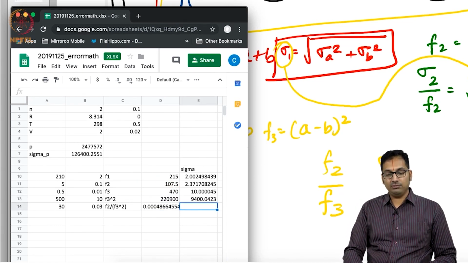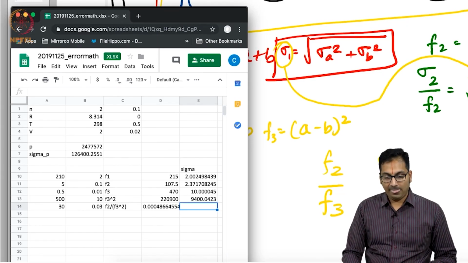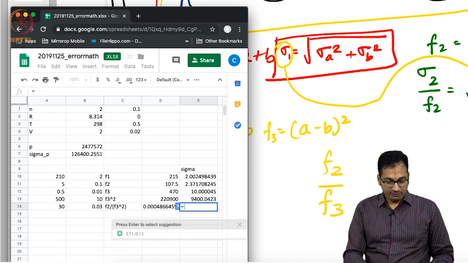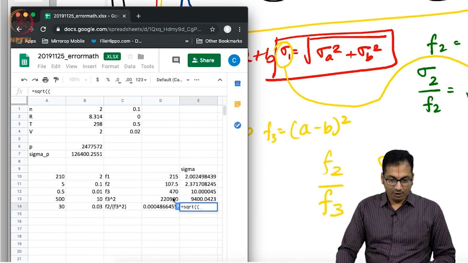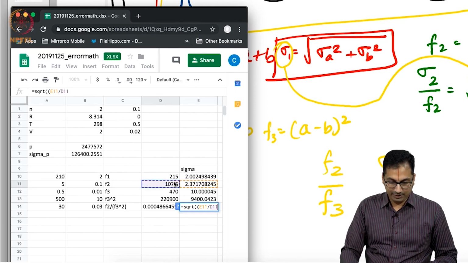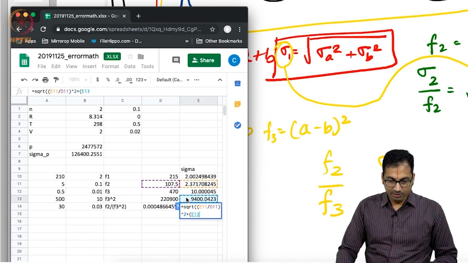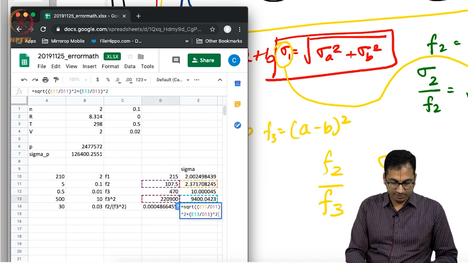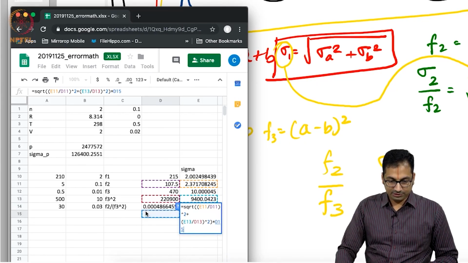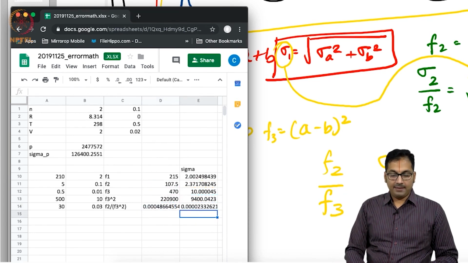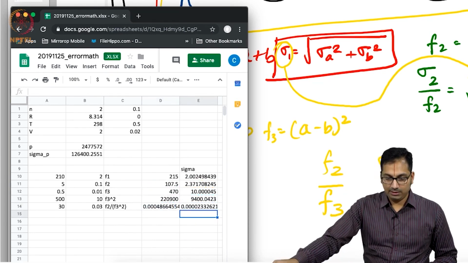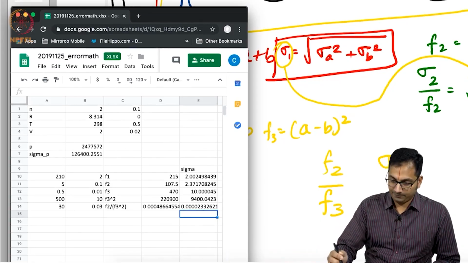So that's the actual value, but now let's take a look at the error. One must understand it's a division, so therefore it goes back to the square root of the error involved in f2 divided by the actual value itself, the whole square, plus the error involved in f3 square divided by the actual value of f3 square, the whole square, times the actual value. So what you end up getting here, let me make a note of this.